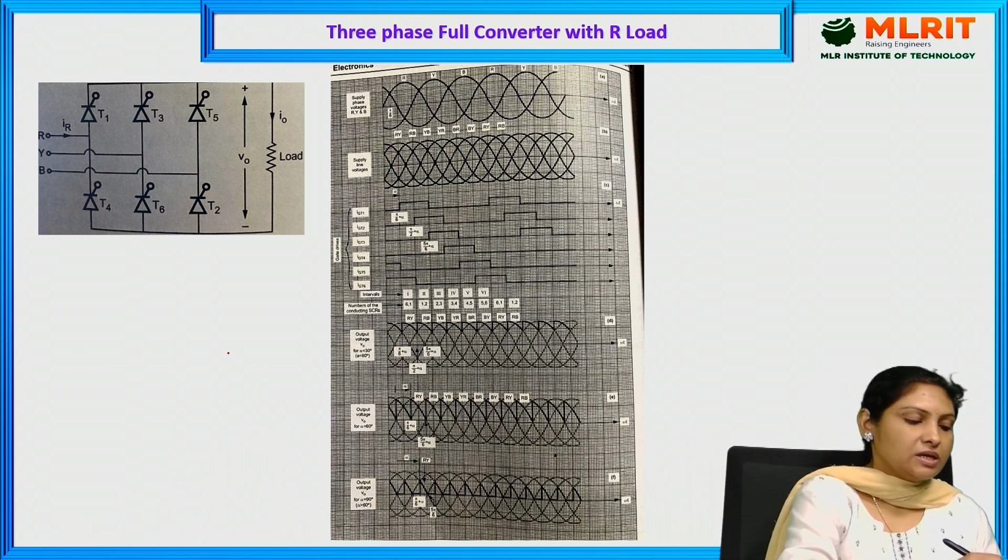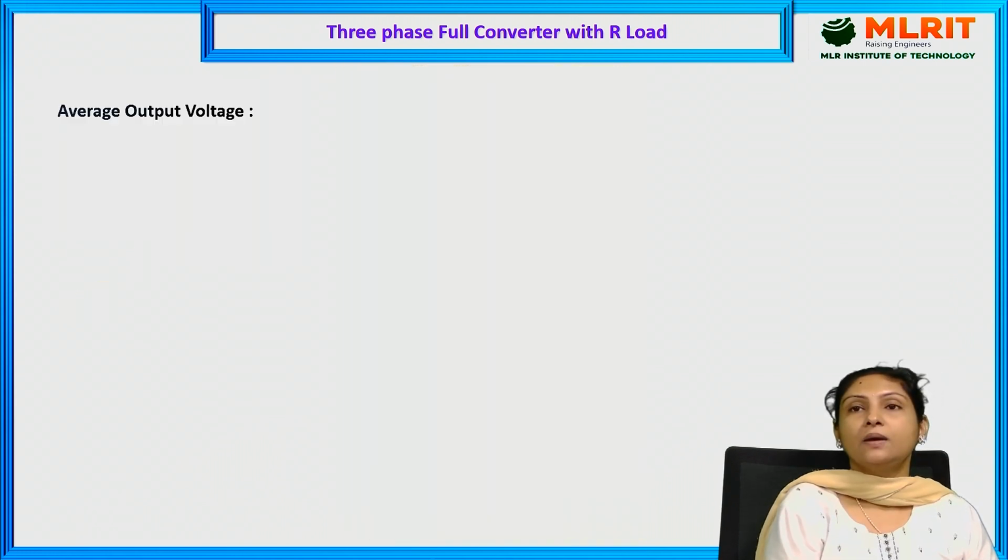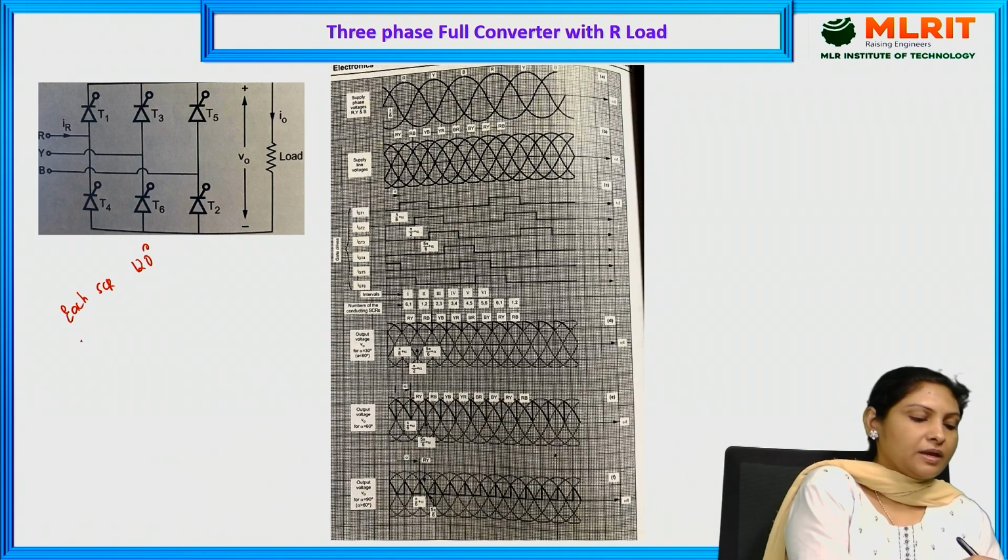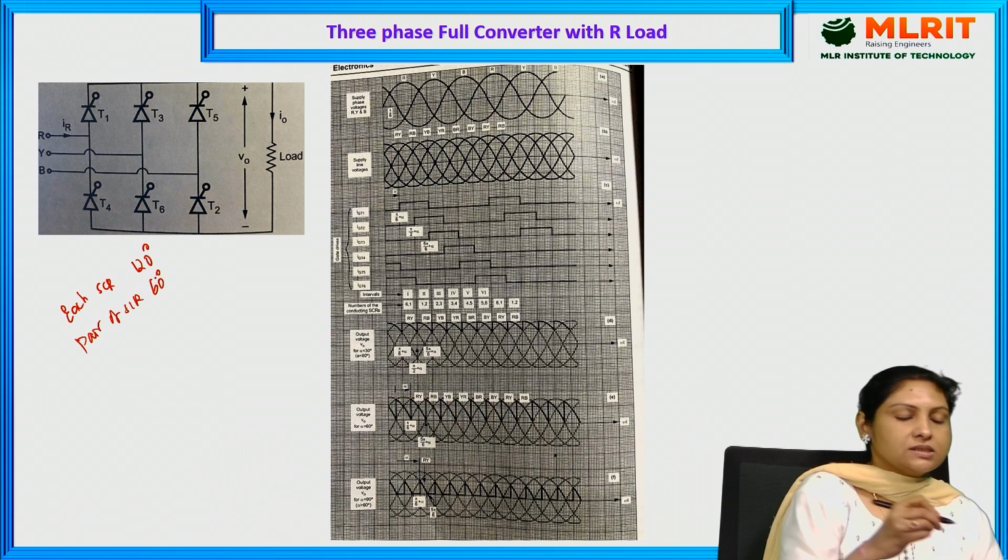That means each thyristor will be conducting for a period of 120 degrees, and each pair of SCRs will be conducting for a period of 60 degrees.